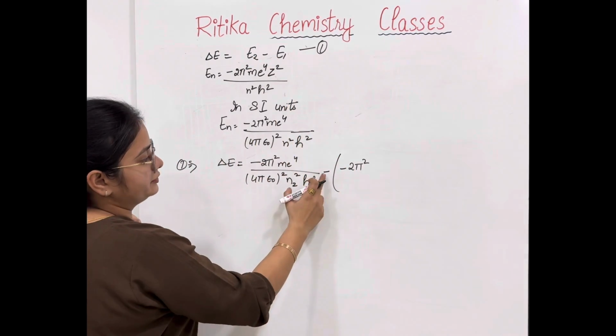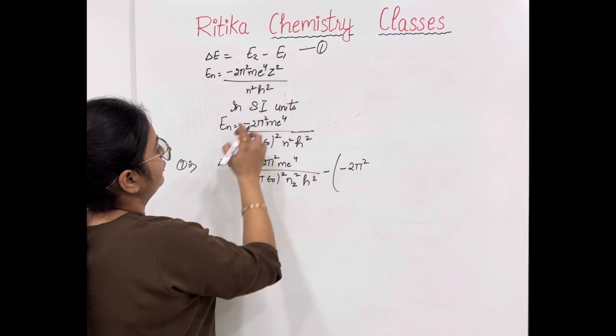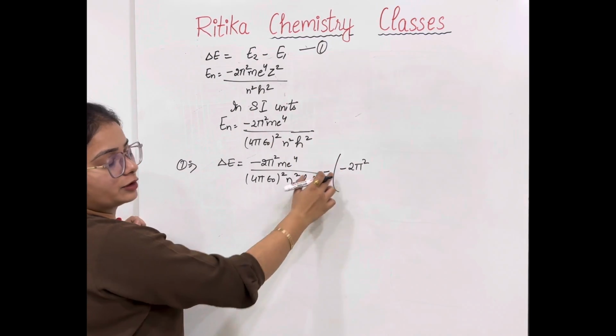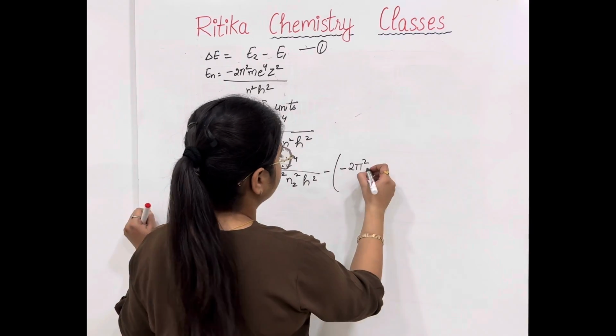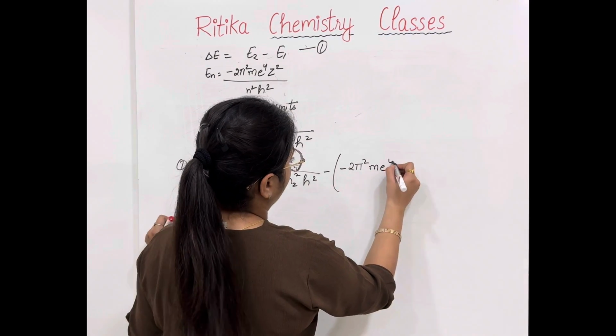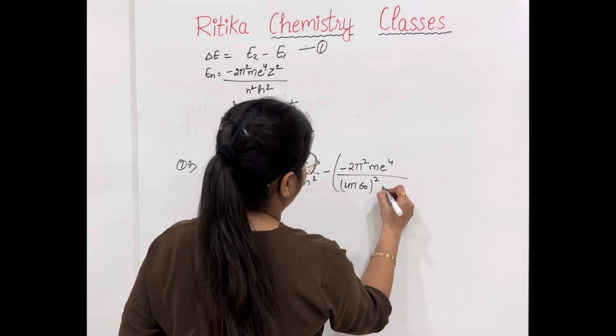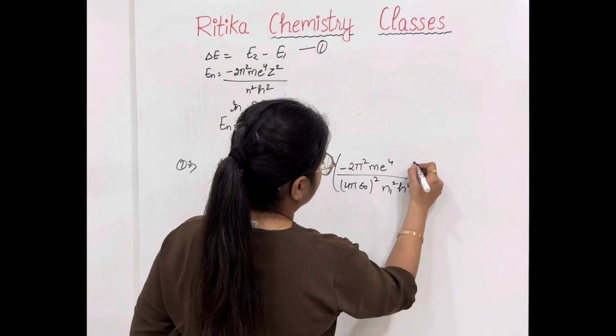The value of E1 will also start with the negative, because of energy. So minus 2 pi square m e to the power 4 upon 4 pi epsilon naught whole square n1 square upon h square.